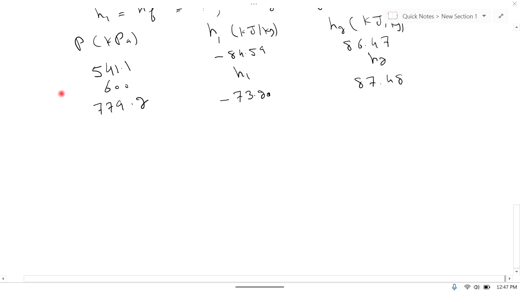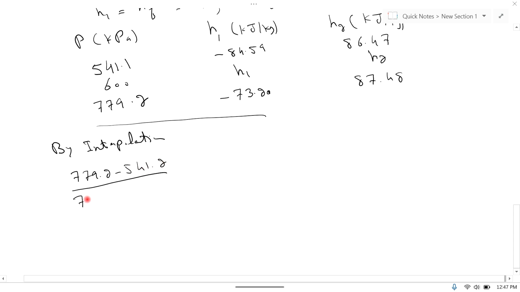So first, by interpolation, we are finding H1. So H1 is equal to, sorry, by interpolation, third value minus first value divided by third value minus second value is equal to third value minus 73.20 minus first value divided by third value minus second value.